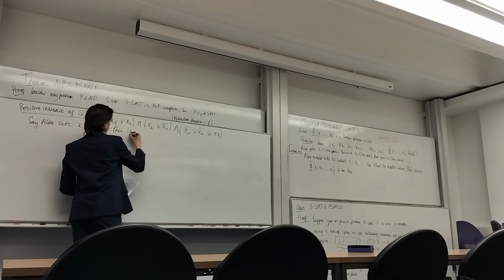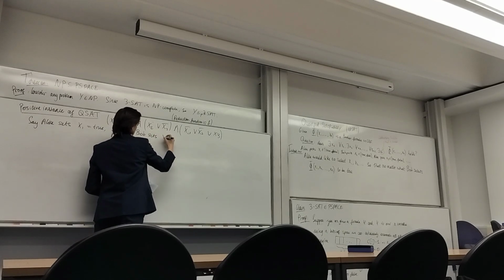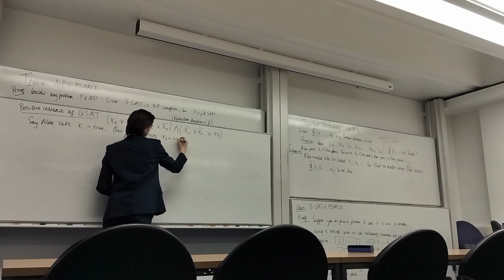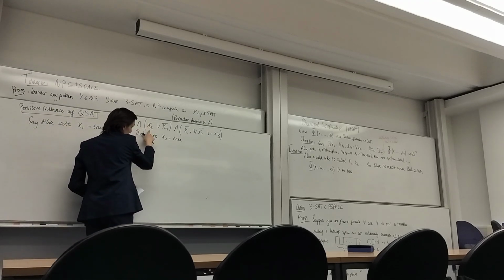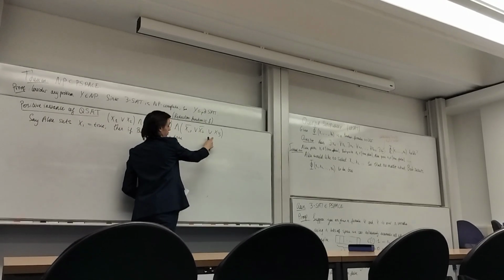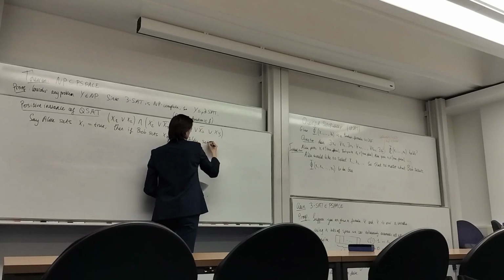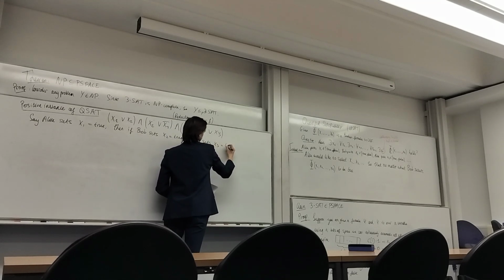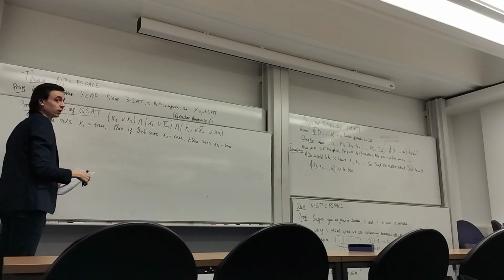So if Bob sets x2 to true, well, this clause is already okay. This clause is now fine. But now this is false and this is false, so we should set x3 to be true. So then Alice sets x3 to true. And sure, all three clauses are satisfied.